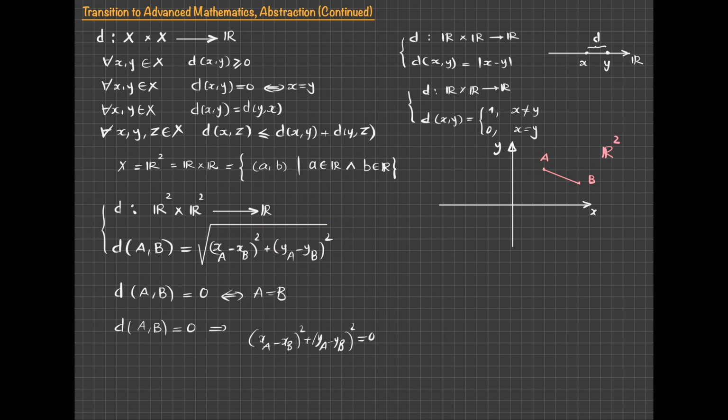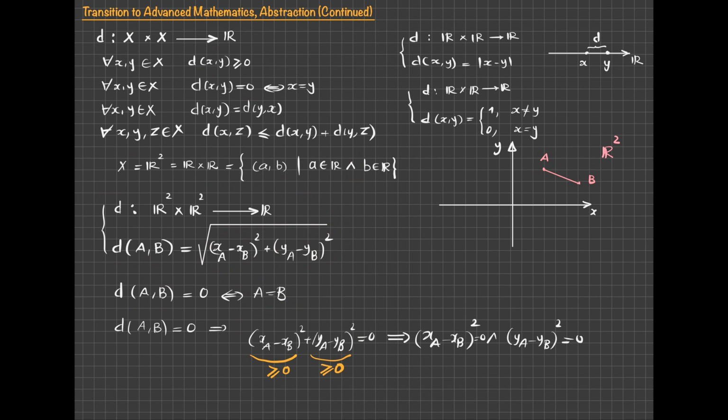Why is that? Because this is a non-negative number because of the even power 2, and this is a non-negative number for the same reason. And now I know that the sum of two non-negative numbers is supposed to be 0. This cannot happen unless each one of them is individually equal to 0. So this should be 0 and this should be 0.